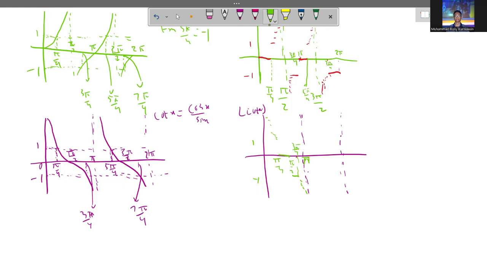So basically, this pattern repeats in the next cycle. So I'm going to leave it as an exercise for you to verify that you have different types of behaviors from pi to 5 pi over 4, and then 3 pi over 2, and then 7 pi over 4, and then from 7 pi over 4 to 2 pi.